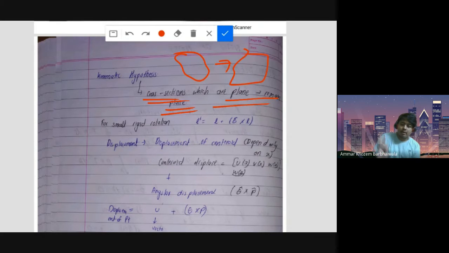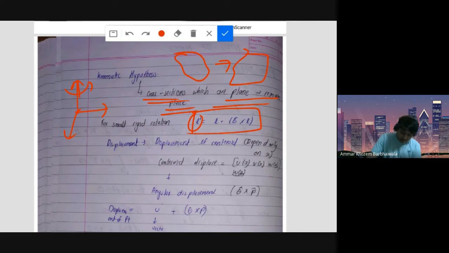Cross sections which are plane will always remain plane. For a small rigid rotation about the three axes, we assume it's not deforming as such, but doing a rigid rotation about all three axes. The axes are rotated, and so we would have a new l dash where the point was originally. So l dash is equal to l plus theta cross l.